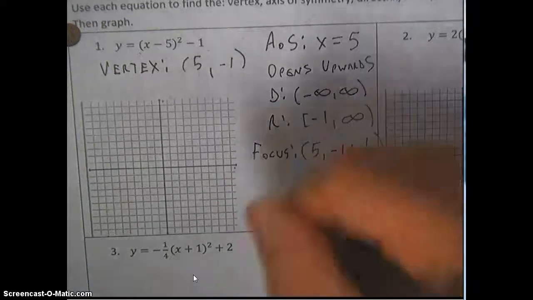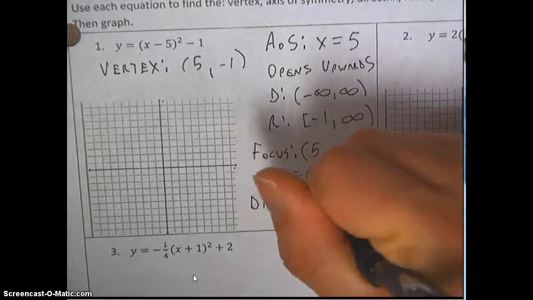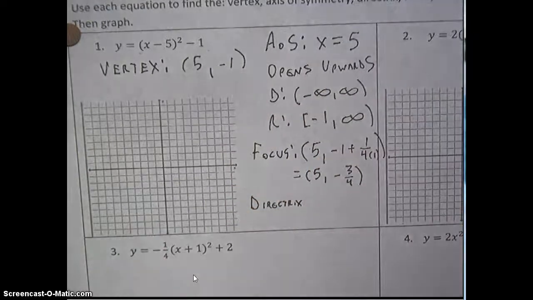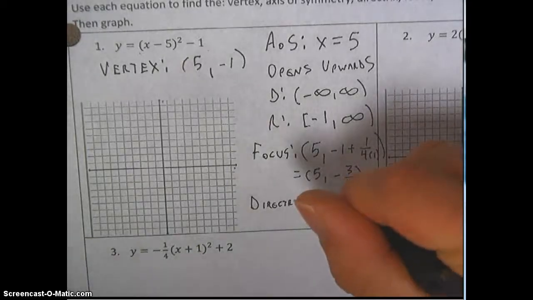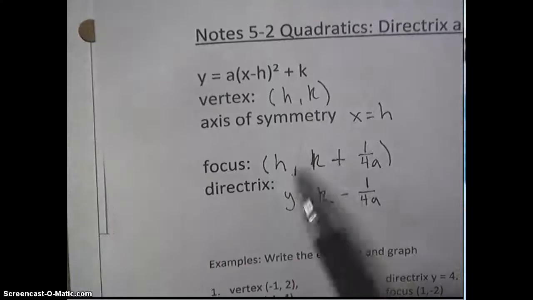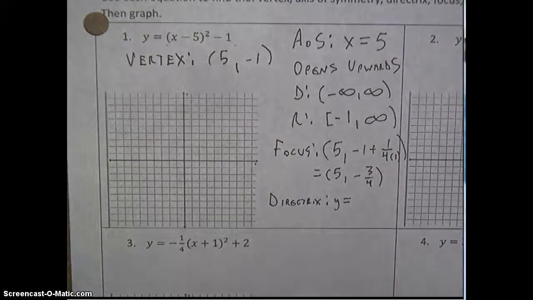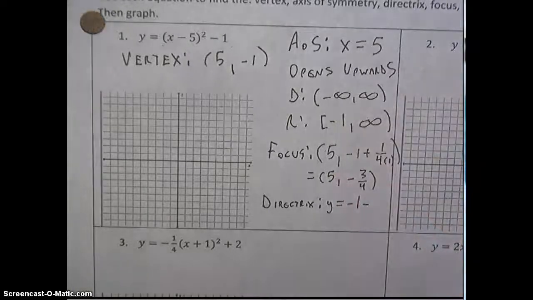Now I want to identify the directrix. And I'm going to graph all these things in a moment. The directrix, I said, is y equals k minus 1 over 4a. So k is negative 1 minus 1 over 4a.